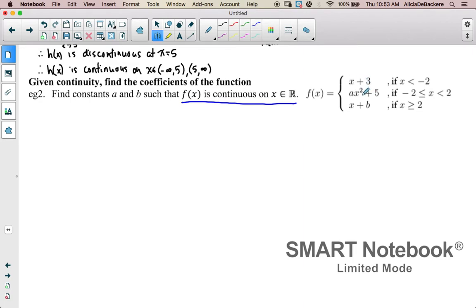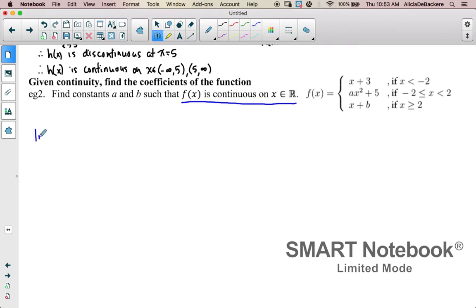So when I look at these three pieces of the function, each of these pieces is a polynomial, so I know that there's continuity within each piece. What I want to know is, is there continuity between each piece? So I need to take a look at -2 and +2 and figure out if the limits are equal to each other. So I'm going to be looking at the limiting value from both sides of -2 and the limiting value from both sides of +2.